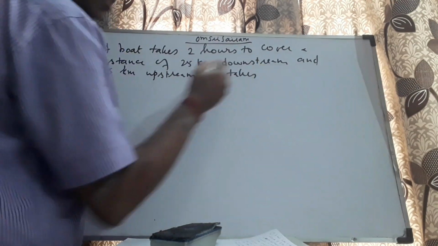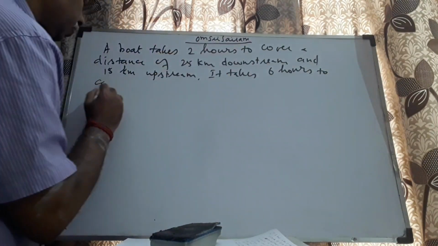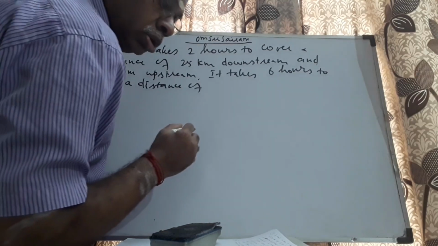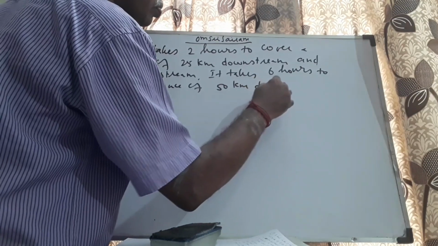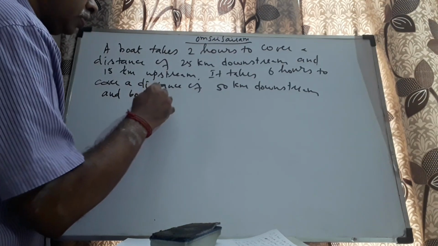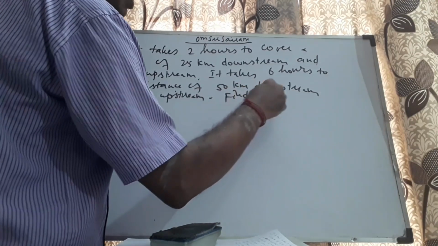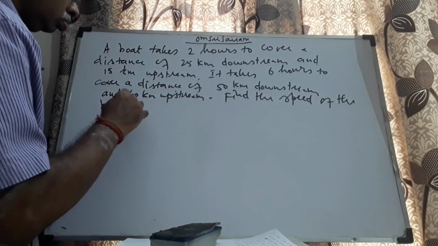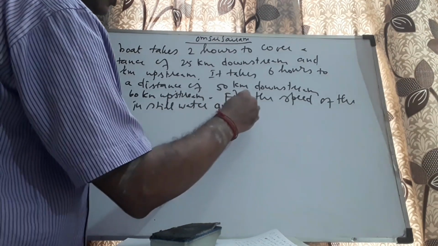It takes 6 hours to cover a distance of 50 kilometers downstream and 60 kilometers upstream. Find the speed of the boat in still water and speed of the stream.